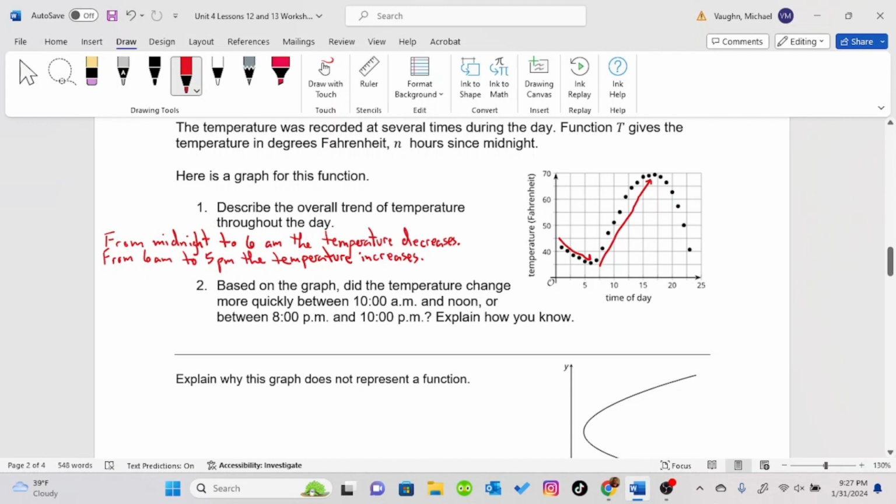And then finally, from about 5 p.m. until midnight, the temperature decreases again.